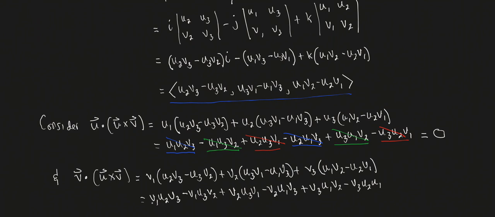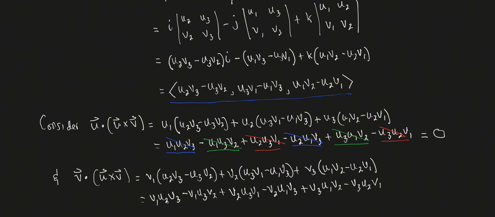So we have V1 and U2 and V3. Wait, hold on a second. No, V3. And okay, so I think I fixed it now. This is a V. My V's look too much like U's. So that's V. Right, there we go.